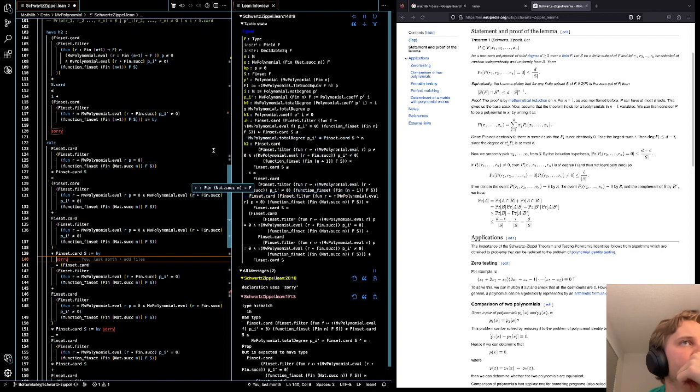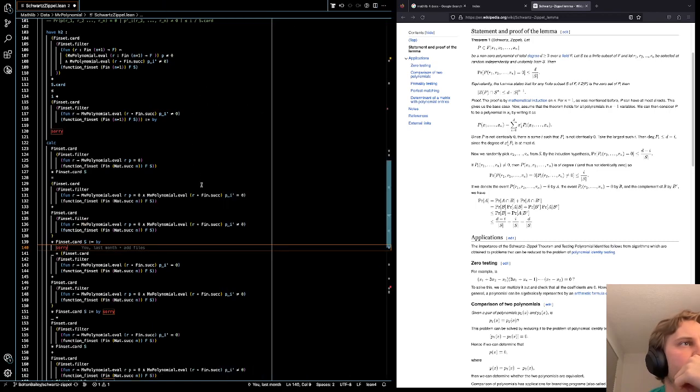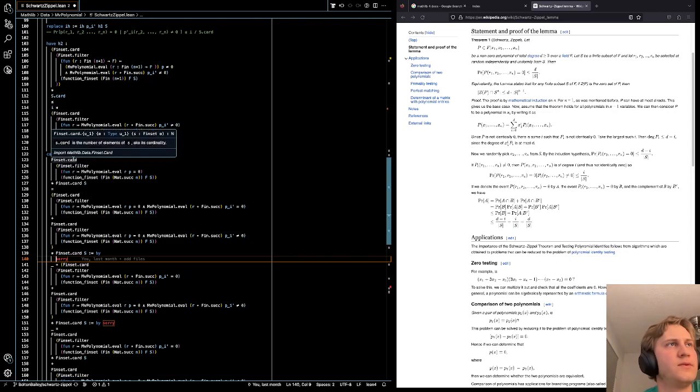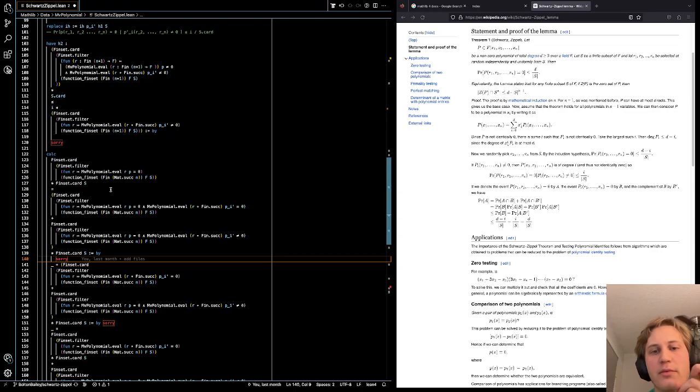So what do I do in this whole sequence of rewrites? Let me hide the info view for a moment. The idea is the thing I start out with is the primary probability.